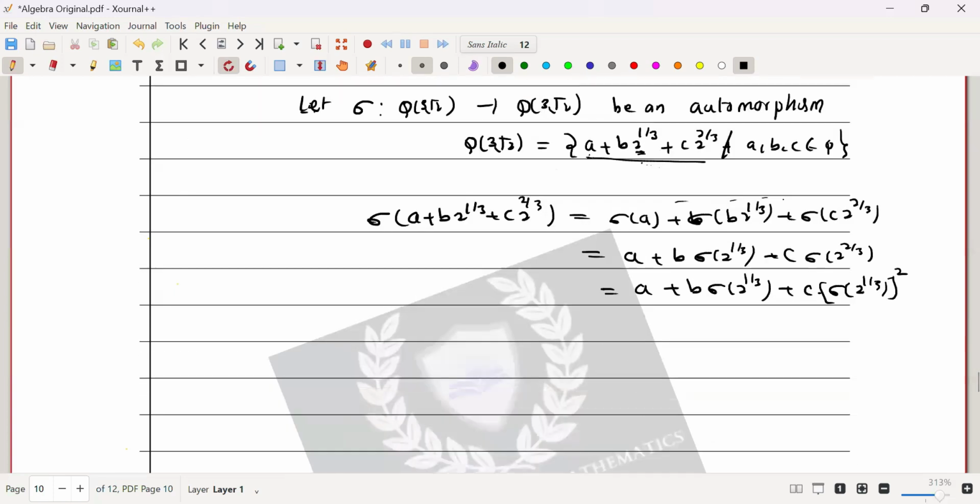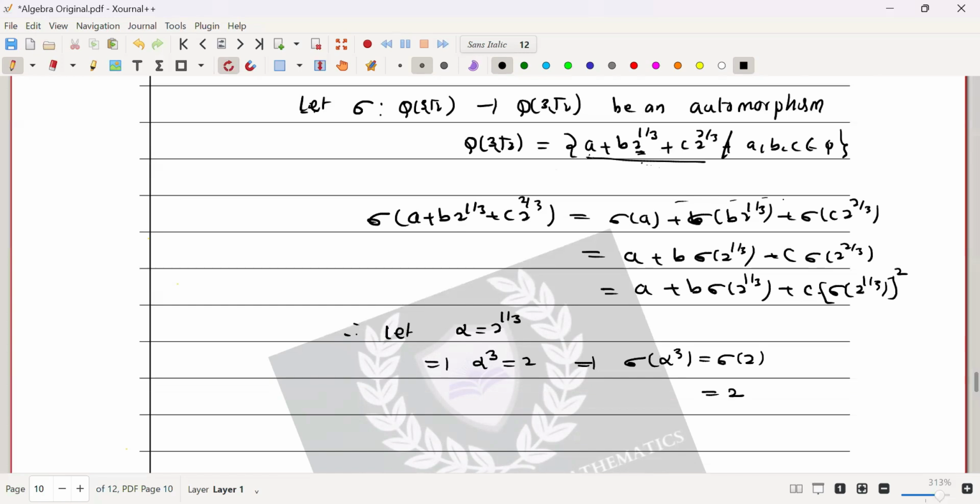Right? So let alpha be equal to 2 power 1 by 3, then cubing both sides, alpha cube is equal to 2. Apply sigma on both sides: sigma of alpha cube is equal to sigma of 2. Since 2 is a rational number, the image of a rational number is 2.